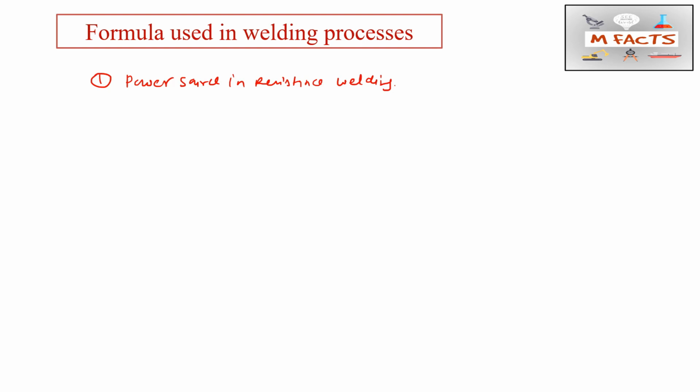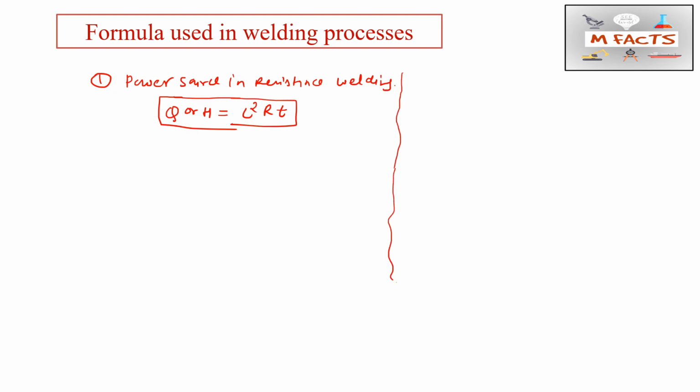This power source in resistance welding we can write as Q, or this can also be written as H. Q or H is equal to I squared RT. We will see what these terms mean, with units, so that we will not make mistakes while doing the numerical problems in the exam.